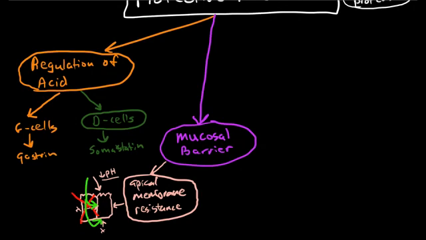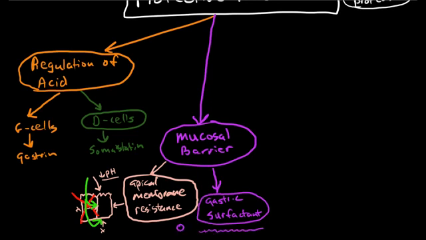And next we have gastric surfactant, and I talked about that above, how that works. Prevents water or any charged or polar ions from getting through the layer of surfactant.